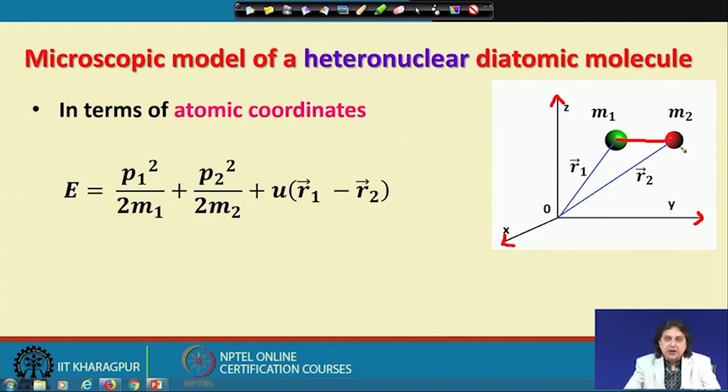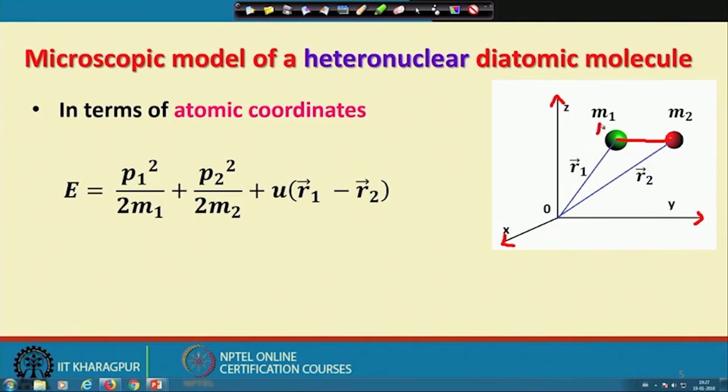For the sake of simplicity, I am going to use a classical mechanics kind of description just to show you that the separation of different types of coordinates is possible, but please understand that although I am using the position and the velocities or momentum together, this kind of description is perfectly general and also applicable when you are solving the problem of this diatomic molecule in the Schrodinger equation.